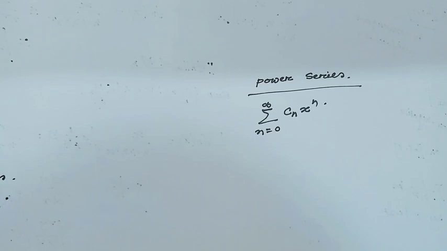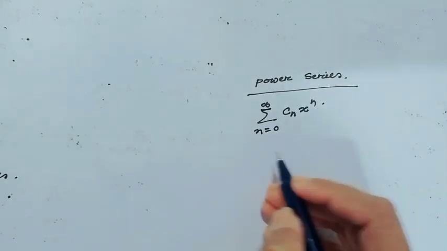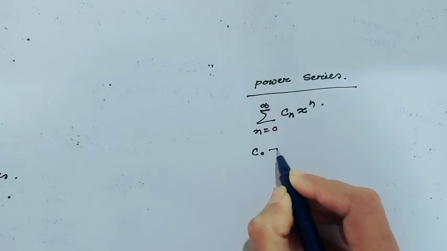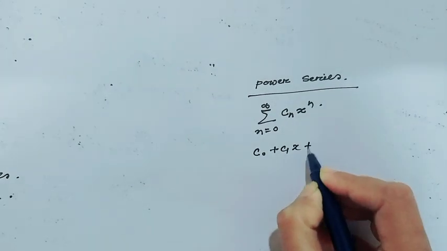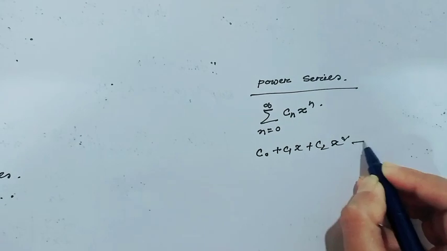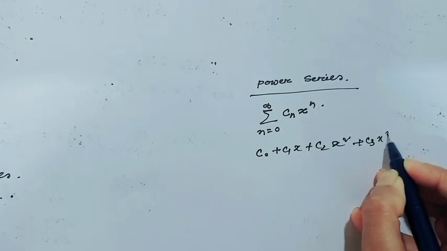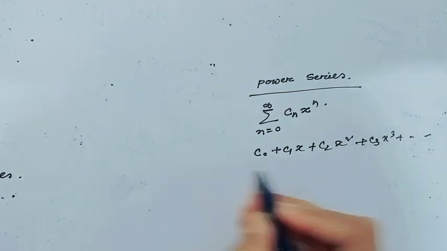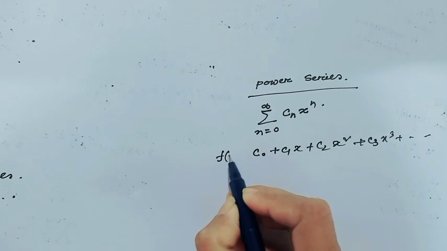Now I will see what a power series is. A power series is represented as the sum from n equal to 0 to infinity of Cn x to the power n. If we expand it, this would be C0 plus C1x plus C2x square plus C3x cube, and so on, which is actually a function.